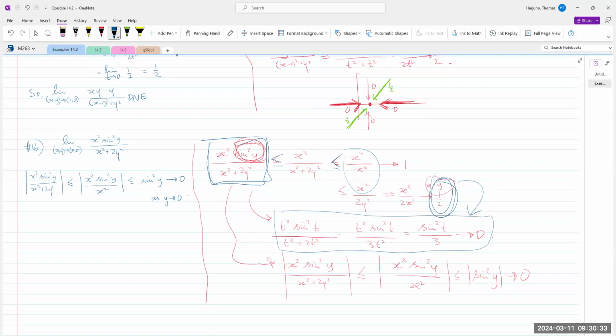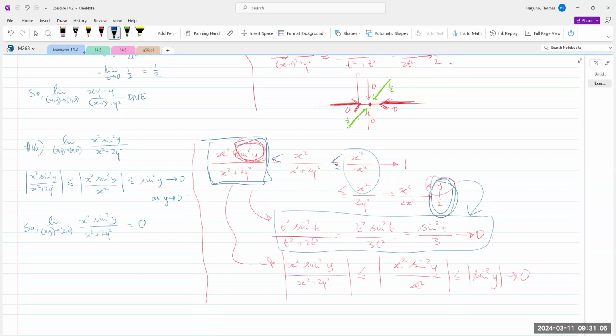But if you can bound it above by something that converges to 0, then this must converge to 0, right? Does it make sense? So now the limit as (x,y) goes to (0,0) of x squared sine squared y over x squared plus 2y squared equals 0.